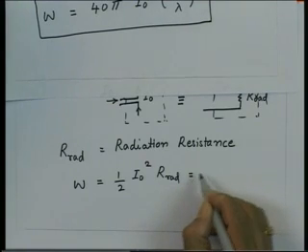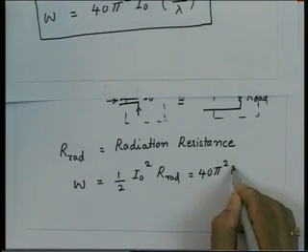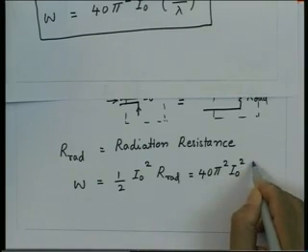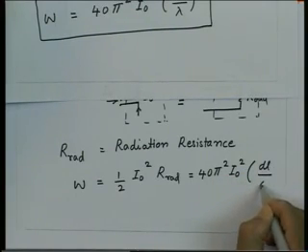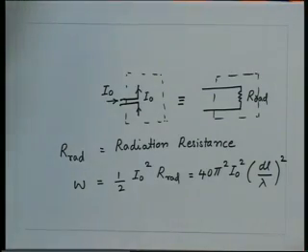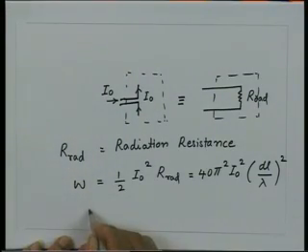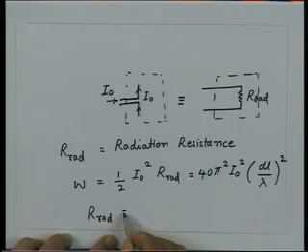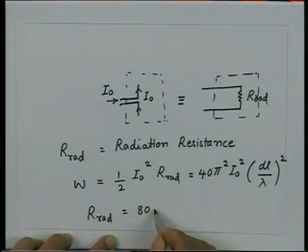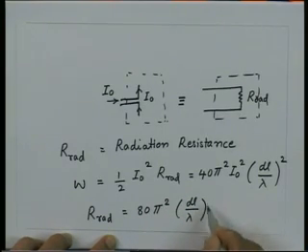So this is equal to 40 pi square I0 square dl upon lambda square. I0 will cancel out, and from here we get the radiation resistance of a Hertz dipole, equal to 80 pi square dl upon lambda whole square.